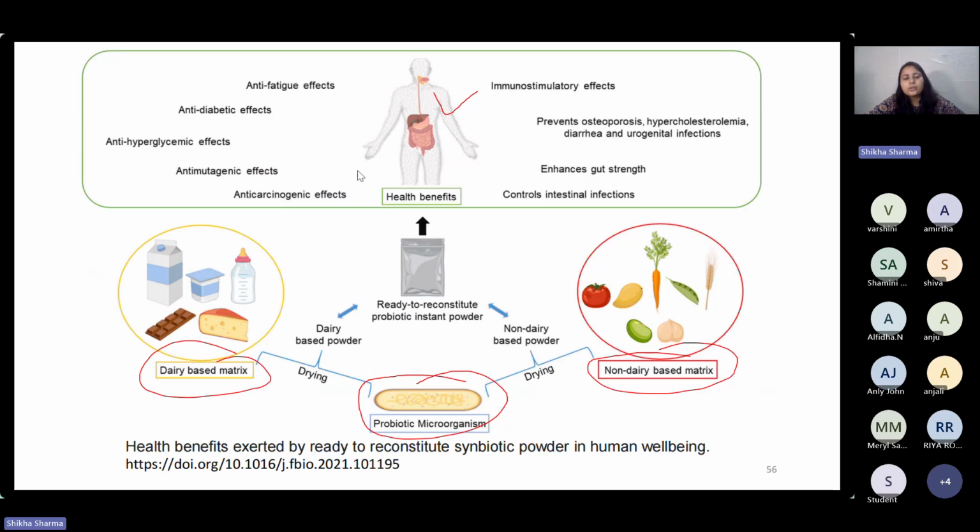It can provide health benefits like controlling intestinal infection, enhancing gut strength, preventing osteoporosis, hypercholesterolemia, diarrhea, and urogenital infections, and it helps in improving the immune system. So immunostimulatory effects also, anti-carcinogenic, anti-mutagenic, anti-hyperglycemic effect, anti-diabetic, and anti-fatigue effects it shows.